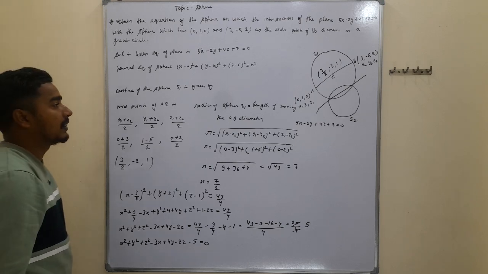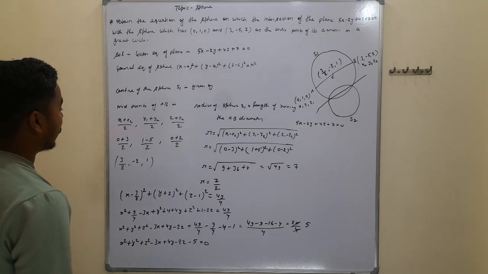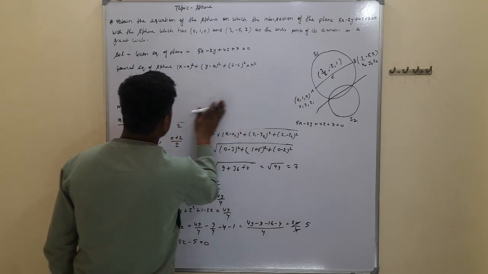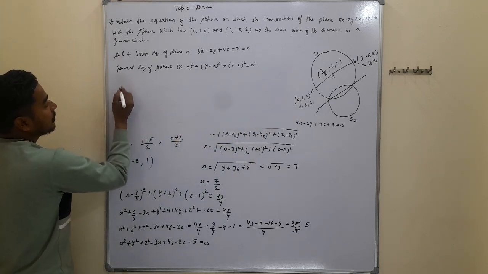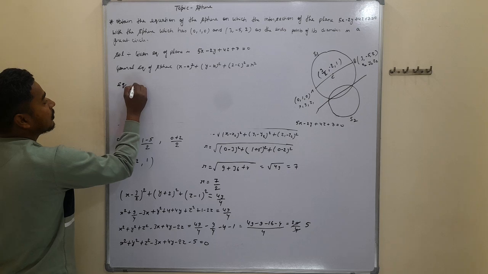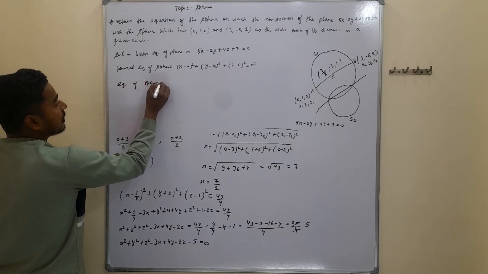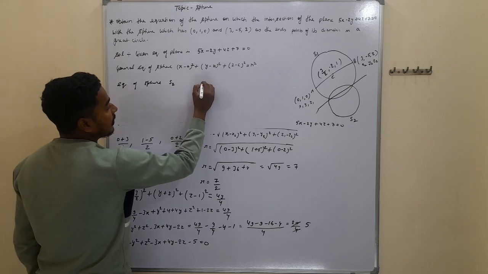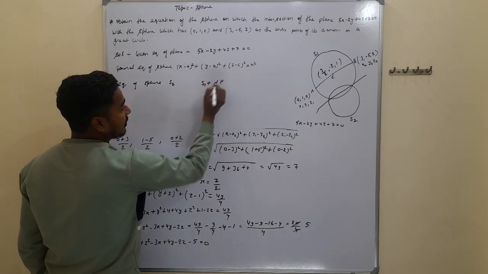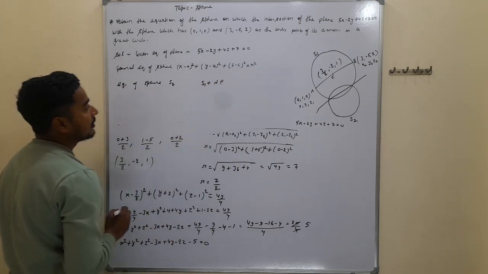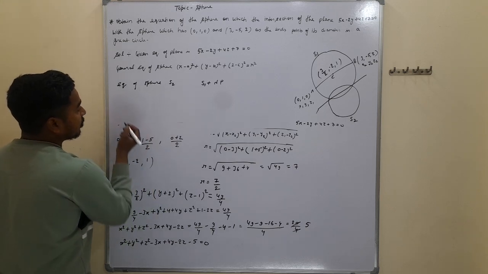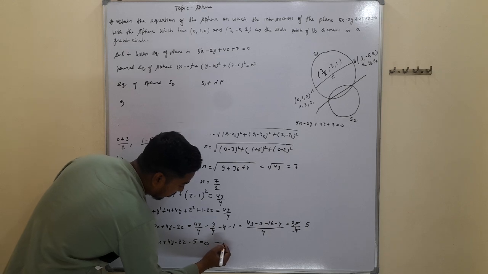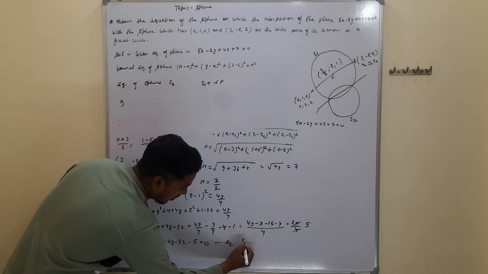Further, we have to find the equation of the sphere S2. The equation of the sphere S2 is given by S1 plus lambda P, where P is the equation of the plane.